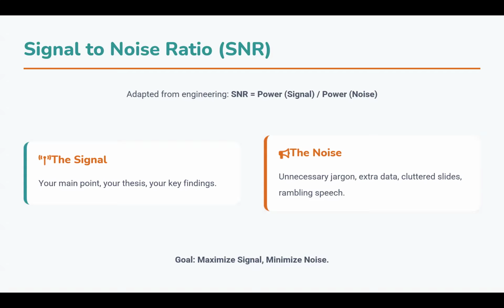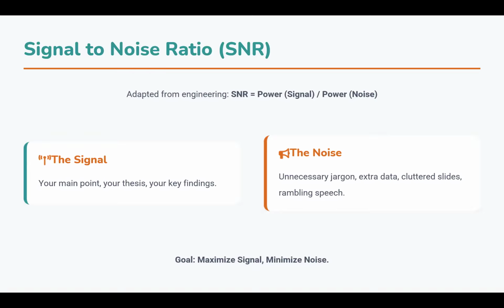Why? Your signal is your main point, your thesis, your key findings. What is your noise? Unnecessary jargon, extra data, cluttered slides, rambling speech, and lots of your infield thinking, they appear as the noise. So if you keep in mind this signal to noise ratio, you should be knowing that you have to reduce the noise to make your signal much more effective and powerful, right?